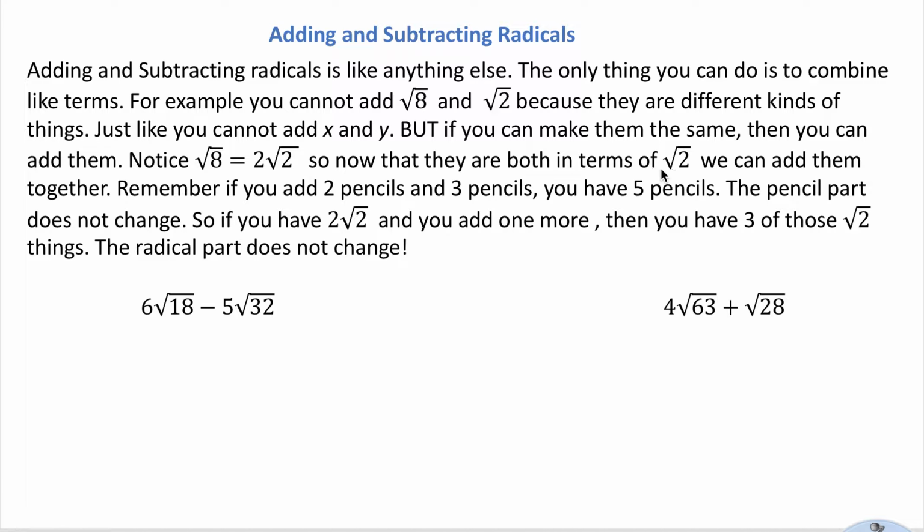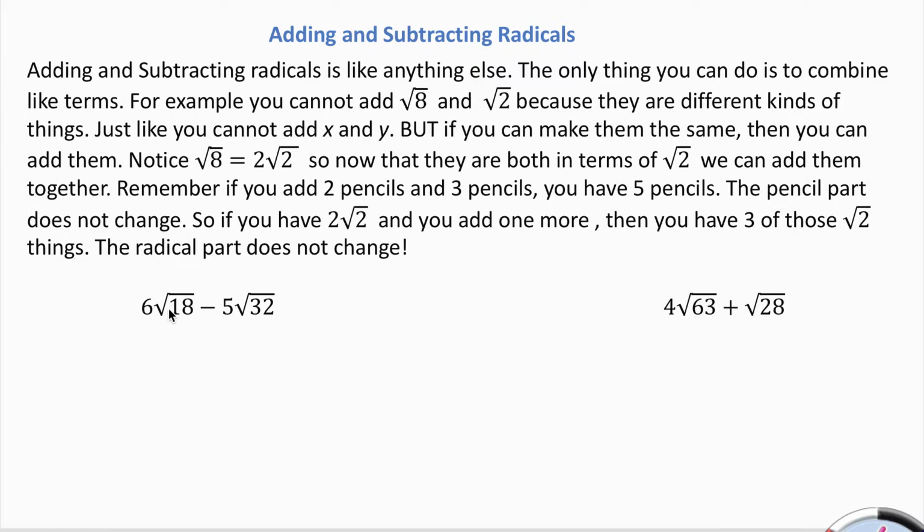So now they're both square roots of 2, you can add them together. Just like 2 pencils and 3 pencils is 5 pencils. The pencil part doesn't change. So if you have 2 square roots of 2 and one more square root of 2, you have 3 square roots of 2's. The radical part does not change, but it has to be the same before you can add them.